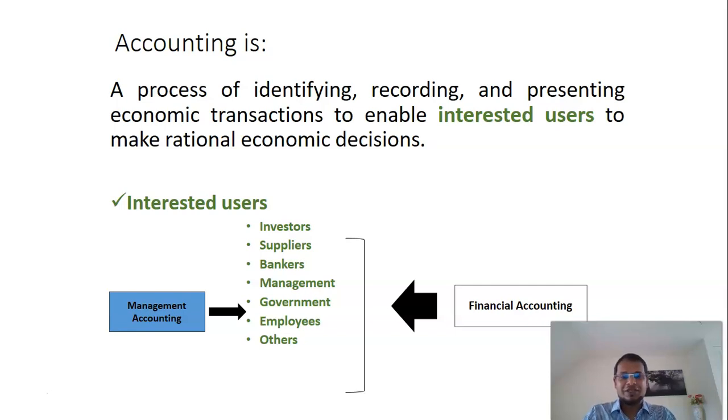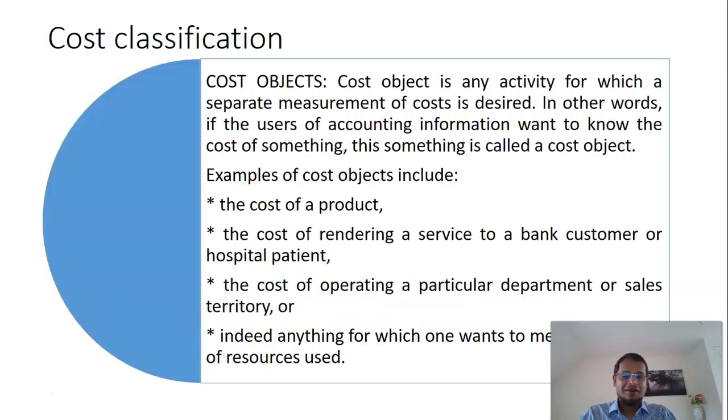Management accounting is a part of accounting which facilitates the decision-making process of management by providing necessary information. So we calculate different costs, different prices, so that the management can make the right decisions.